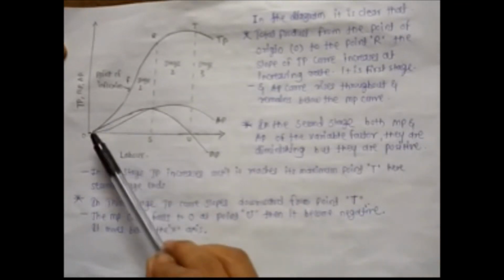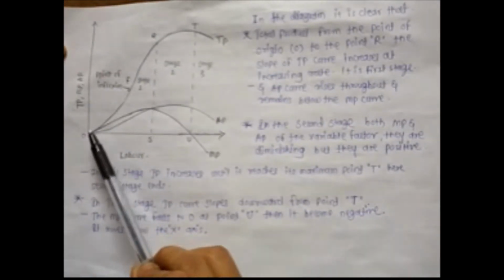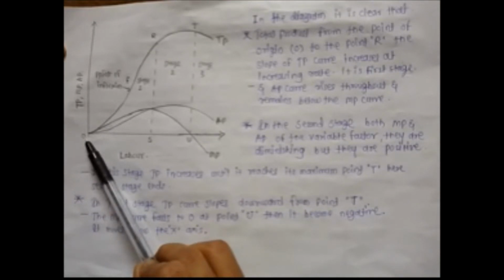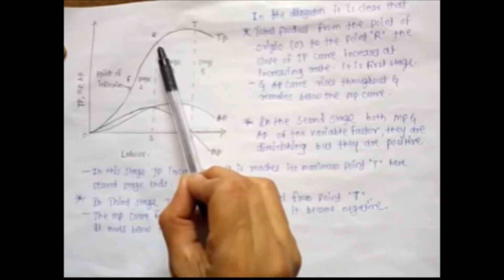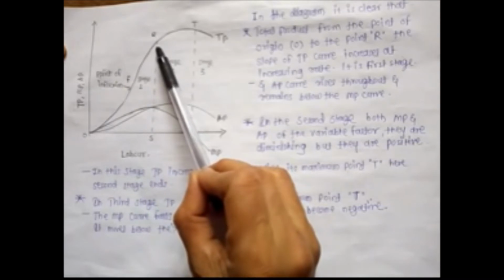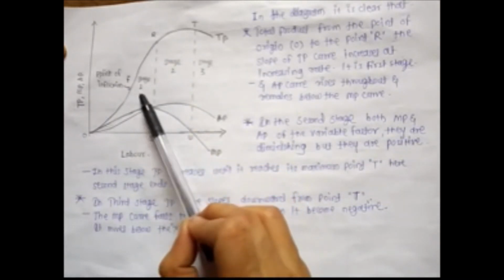From the origin to the point R, the slope of the total product curve increases at an increasing rate. It is the first stage.